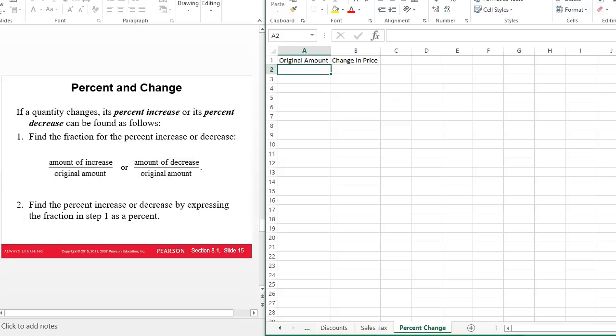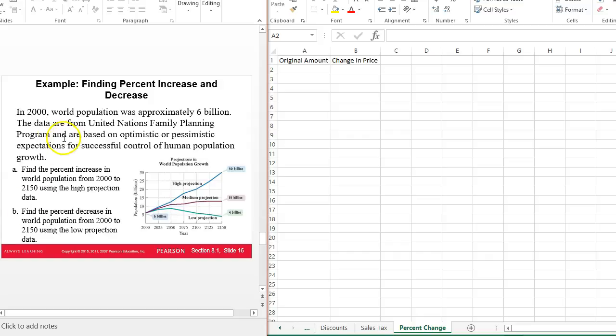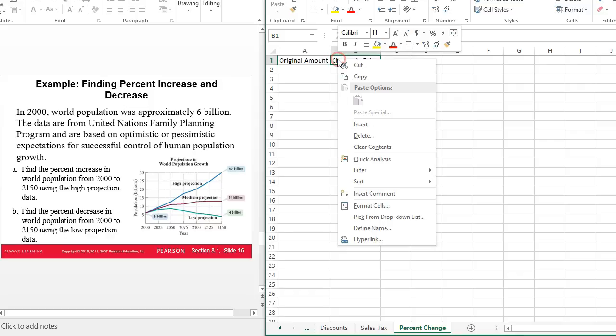So let's look at what we have. The example that I gave you before. So we had the percent increase, 2,000 to 1,050 high projection. So 2,000 was 6 billion to 30 billion. So instead of change, let me do something real quick. Let me right click, cut.